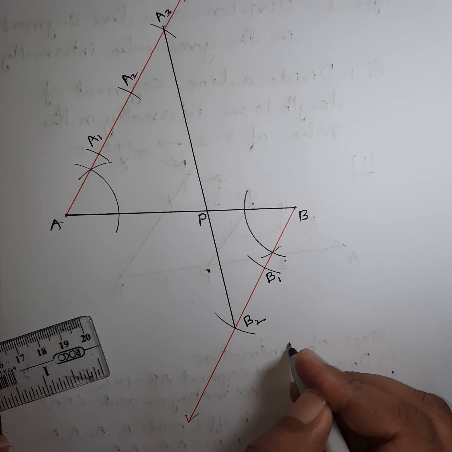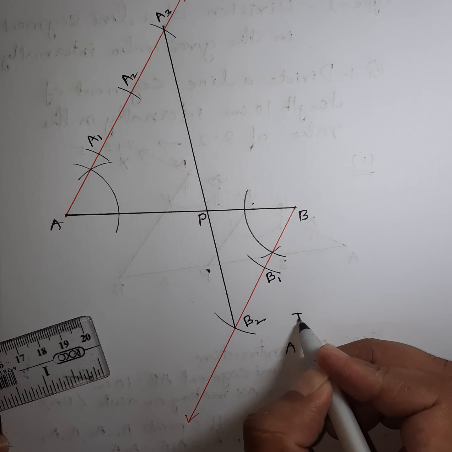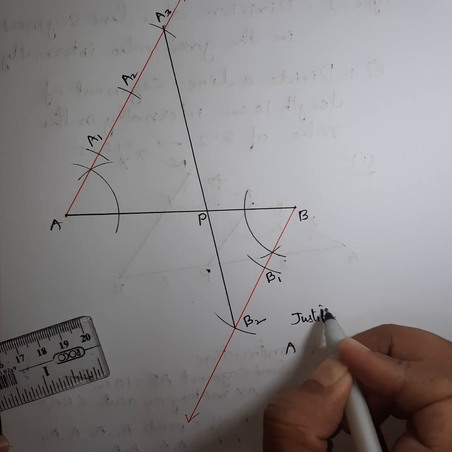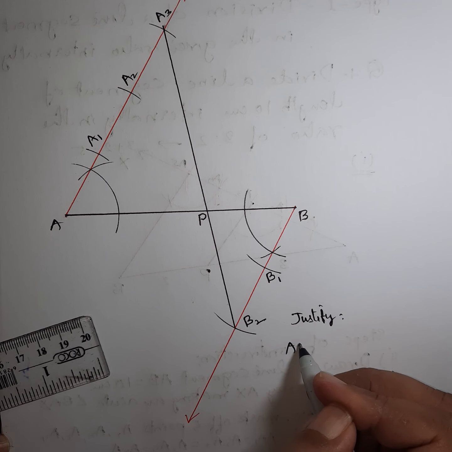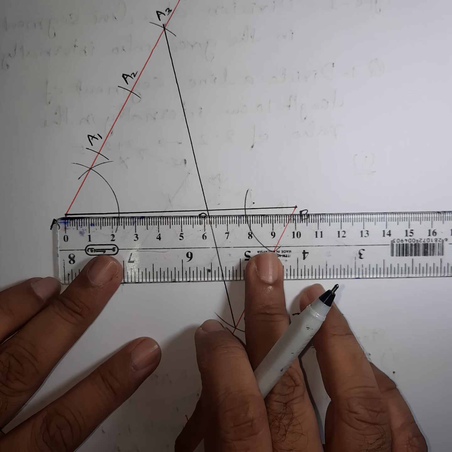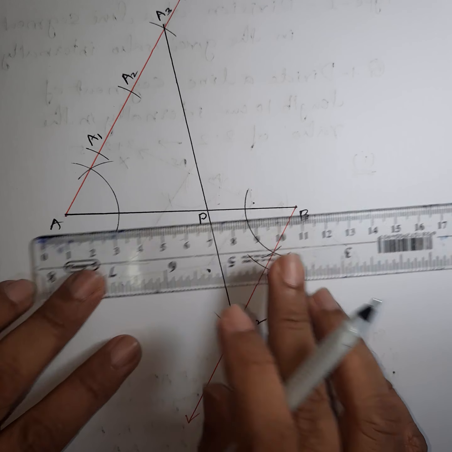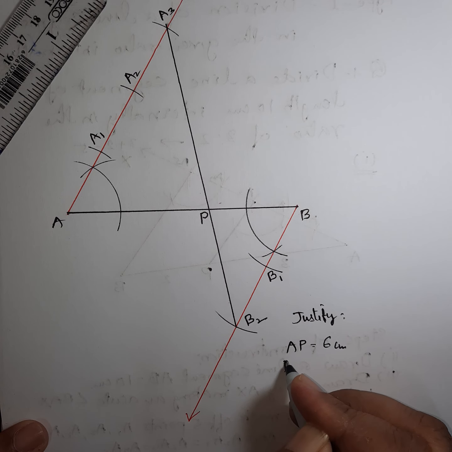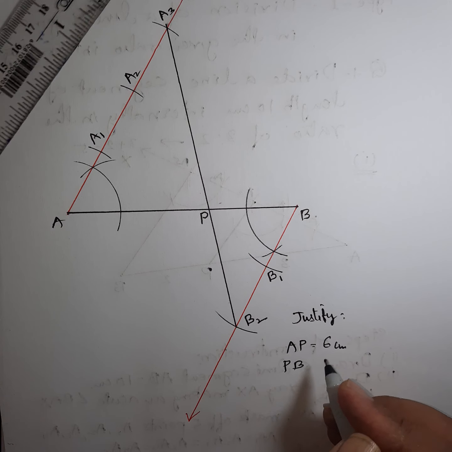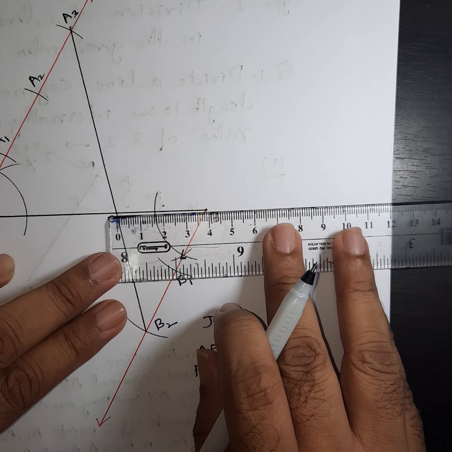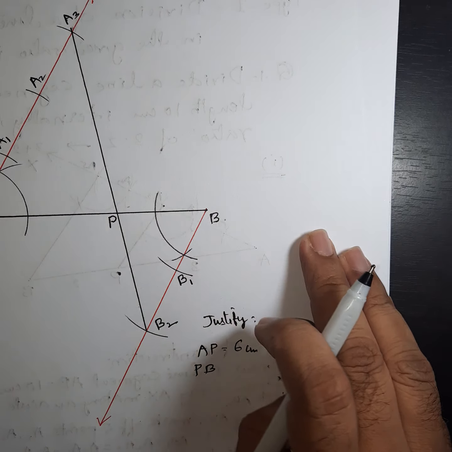You can justify. Justification means we have to check whether we have done correctly or not. If you want to justify, you can measure AP, and you will see that we have got exactly 6 centimeters. So AP is 6 centimeter, and PB, obviously, when AP is 6 centimeter, the rest will be 4 centimeter because the length of the line is 10 centimeter.